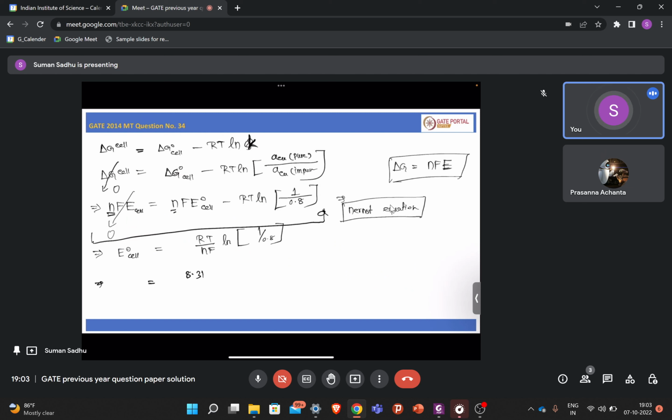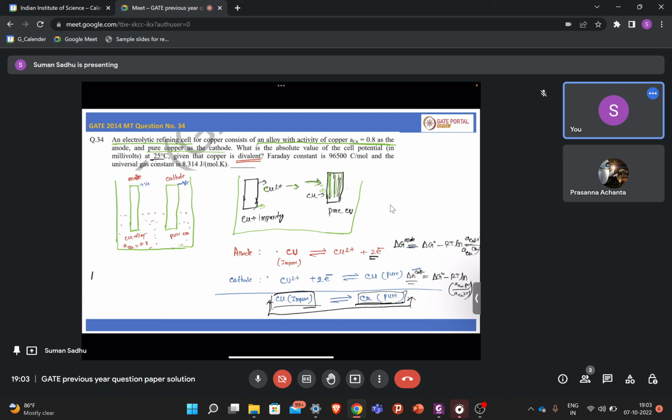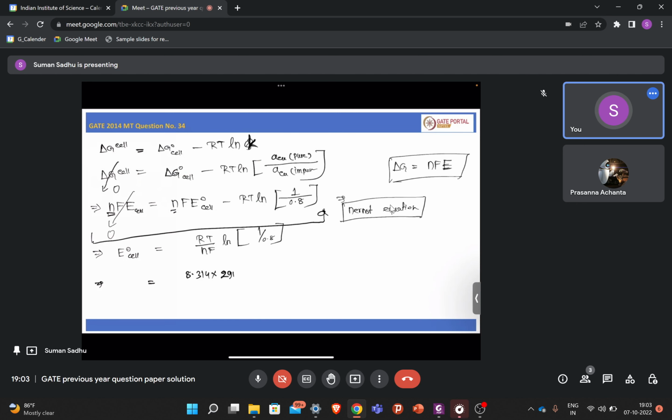R is 8.314, T is 25 degrees centigrade, so T is 298 Kelvin. Number of moles of electron is 2, since copper is divalent, so 2 moles of electron are associated with this reaction. F is 96500, into ln 1 by 0.8.